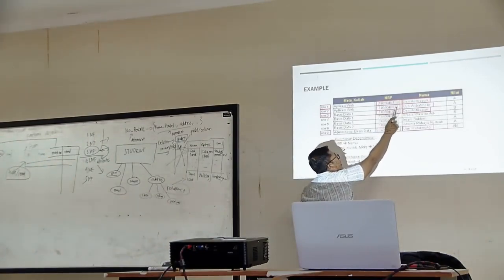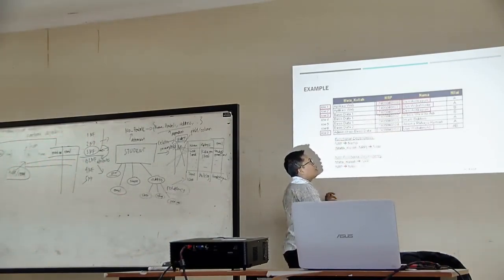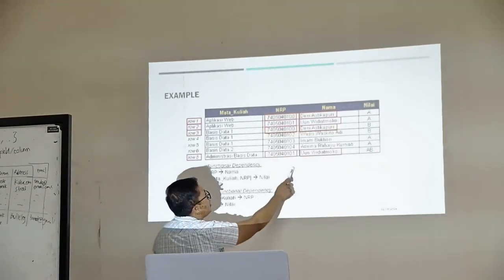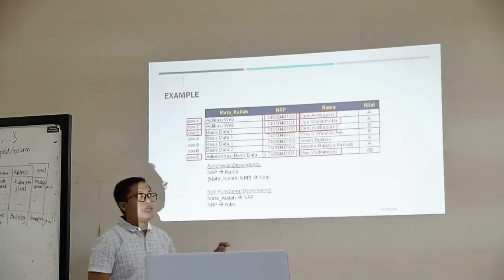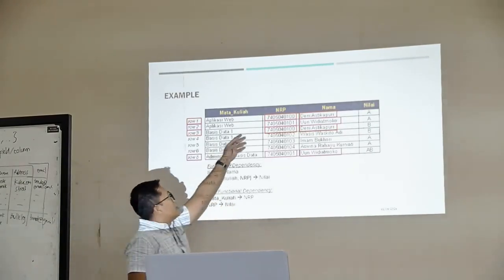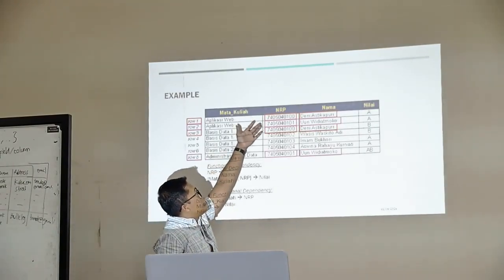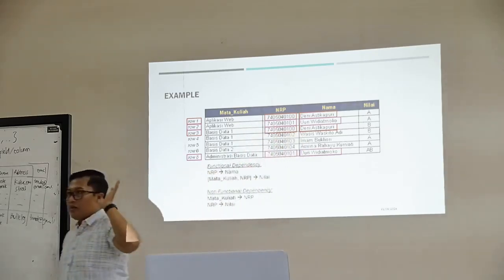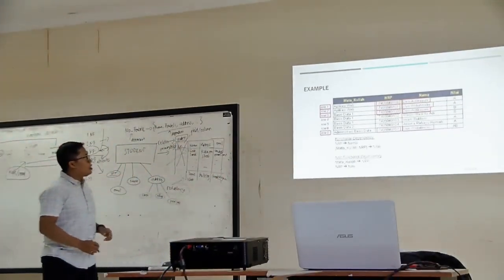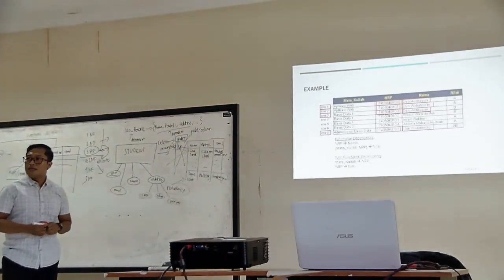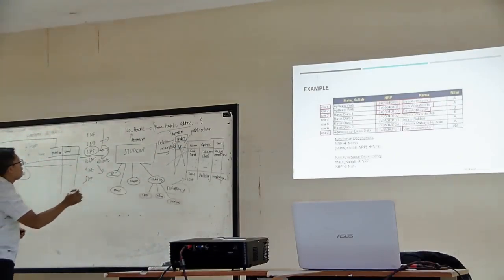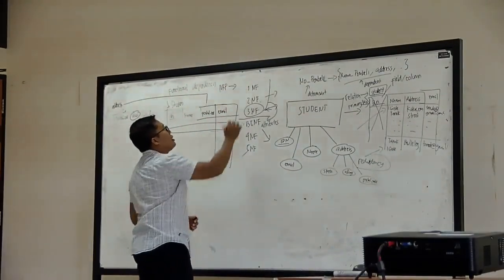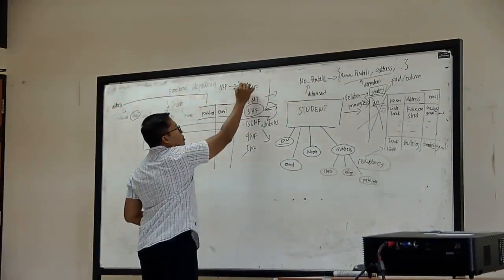Oh, it has the same NRP and same name, right? And then we don't see any same NRP that has another name. Okay, so we can choose NRP to be a determinant. And NRP will determine the name.